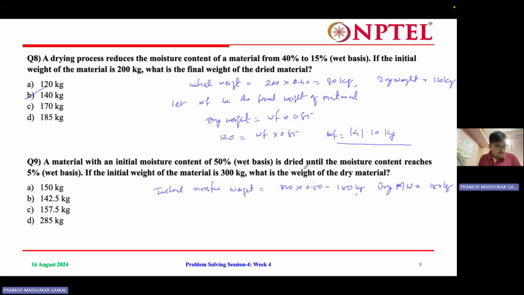Now similar concepts: 5% is moisture, so 0.95 is the fraction of dry material. So WF is equal to 157.89 kg, right? The option here is correct.